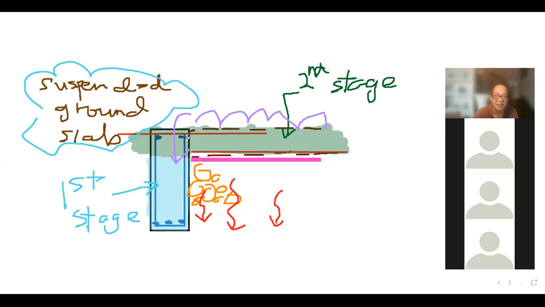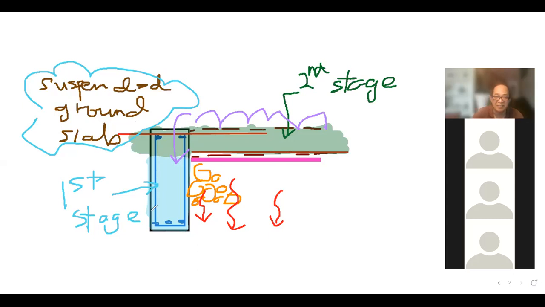Okay? Concreting for the ground beam dengan ground slab is in a two-stage cast in situ concreting. We have reinforcement going through the beams into the slab as our typical slab construction, normal slab construction. Cuma is that concreting is done in two stages.